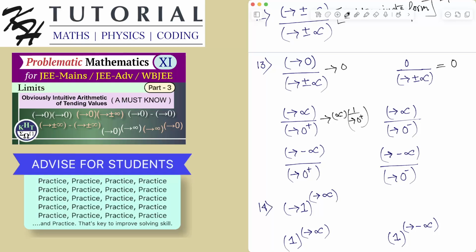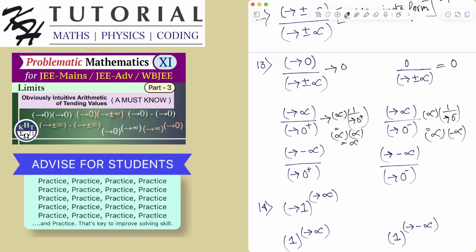So this is infinity multiplied by infinity, which is equal to infinity. Whereas infinity divided by tending to 0 negative is infinity multiplied by 1 by tending to 0 negative, which is always negative infinity.